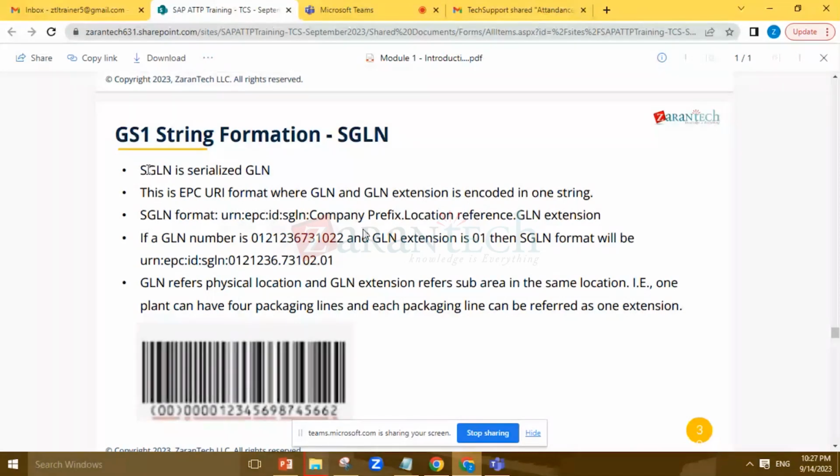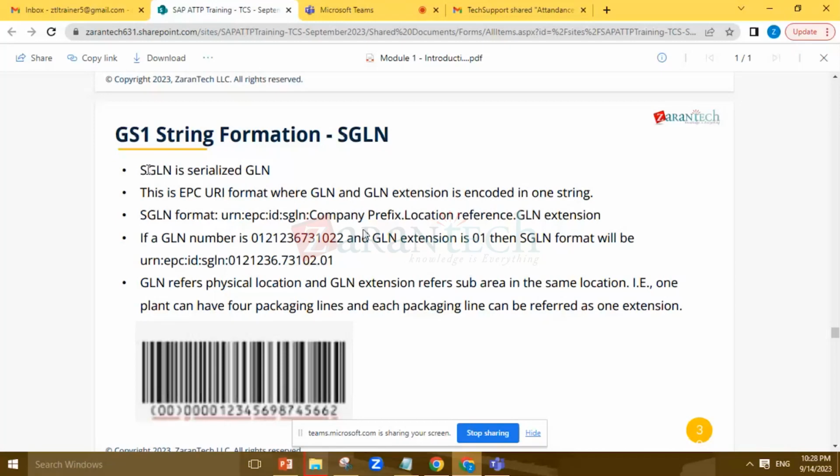My product is serialized at packaging line A, another product is serialized at packaging line B. So how would I know at which packaging line in one plant my product is serialized? Then there is a concept called GLN extension. Each packaging line has one GLN extension, so under, let's say, plant A, you will have 4 different extensions.